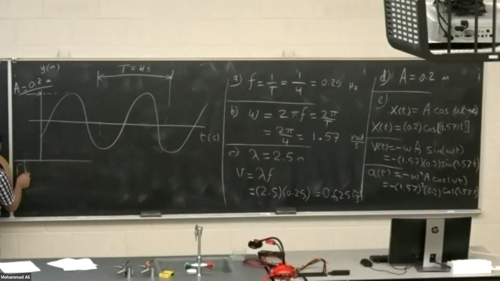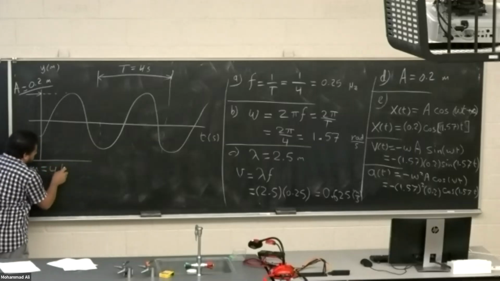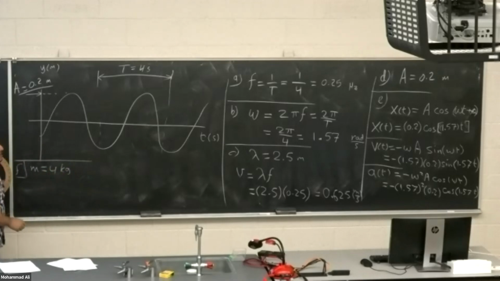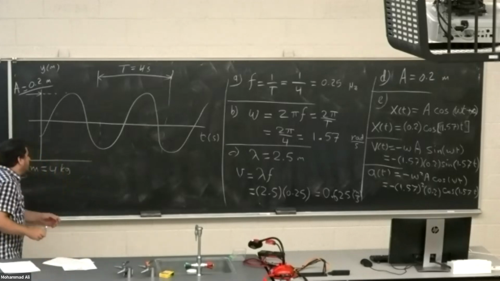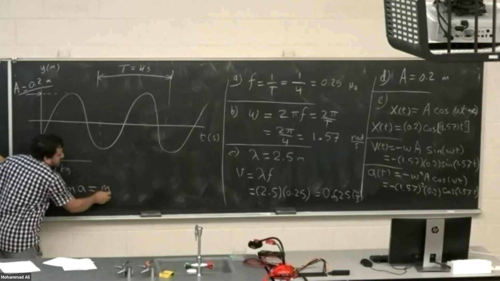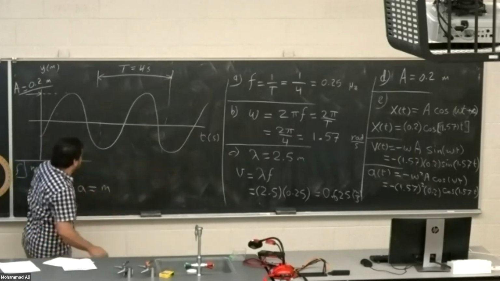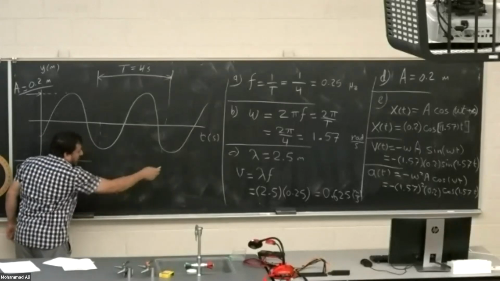F. If the mass is 4 kilograms, find the force and the momentum. The force is equal to the mass multiplied by the acceleration. Simple. It is the mass, 4, multiplied by that acceleration, and we have a negative sign from the acceleration.